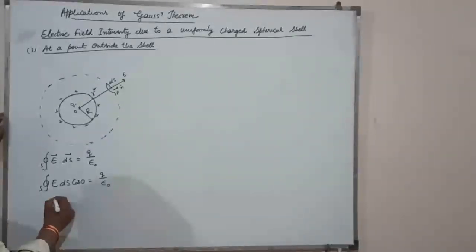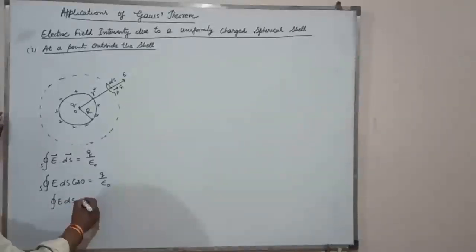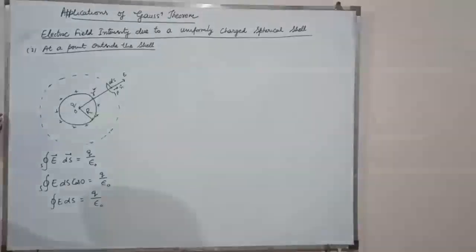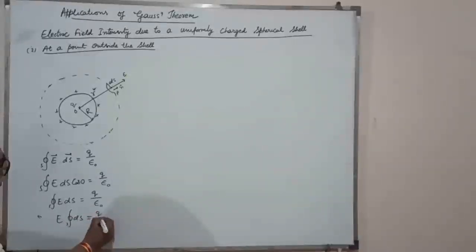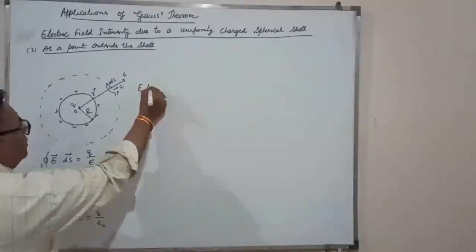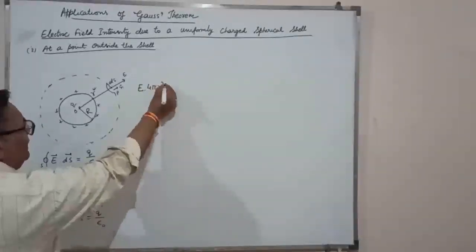Or E integral ds is equal to Q upon epsilon naught, and this is equal to E into 4 pi r square.